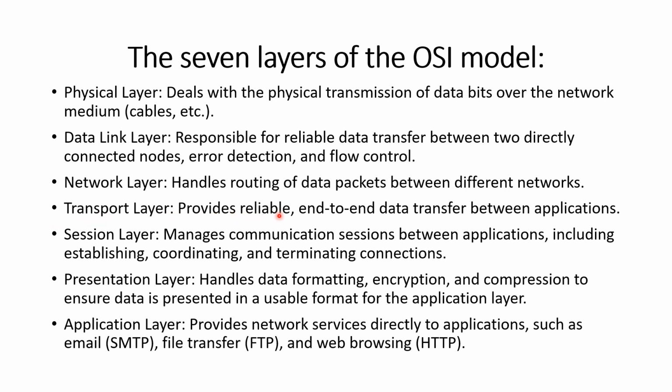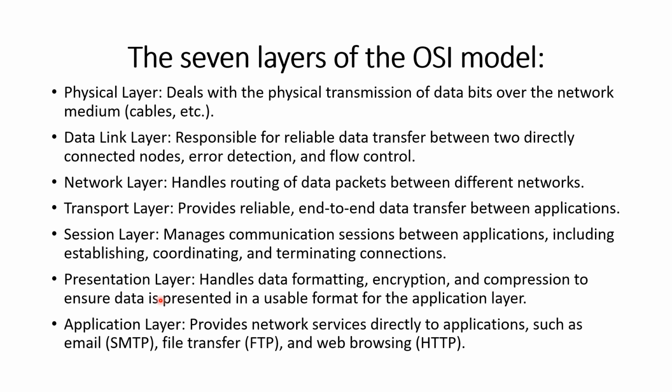The transport layer provides reliable end-to-end data transfer between applications. The session layer manages communication sessions between applications. It includes establishing, coordinating, and terminating connections among the devices. Next one is the presentation layer. The presentation layer handles data formatting, encryption, and compression.